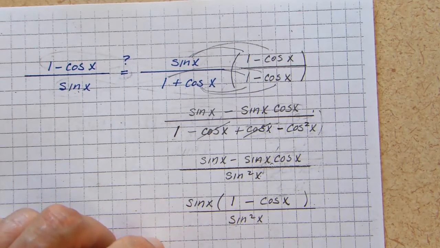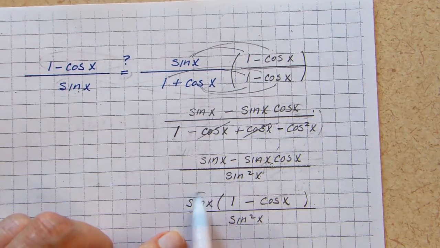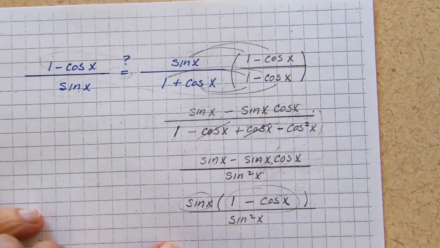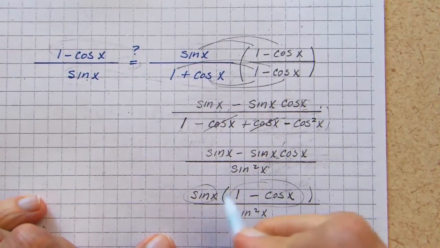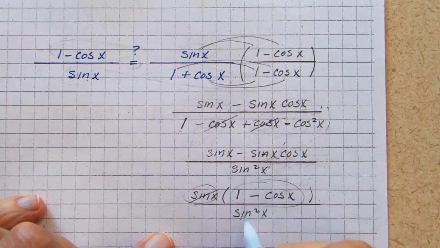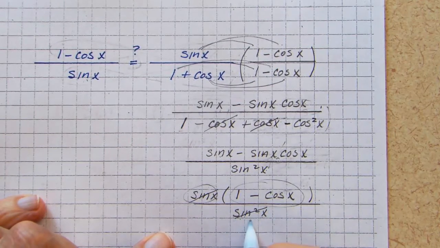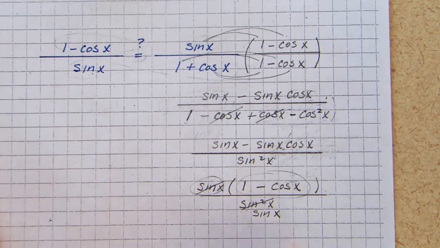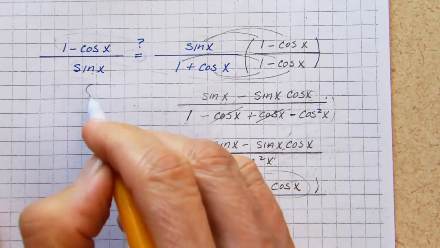Well, now, because you've got factors, and you've got 2 factors of sine right here, we're going to divide out 1 factor of sine and take out 1 factor of sine here. And now we're left with this. Well, look at this. These are now identical. So I'm not going to do anything with this side.